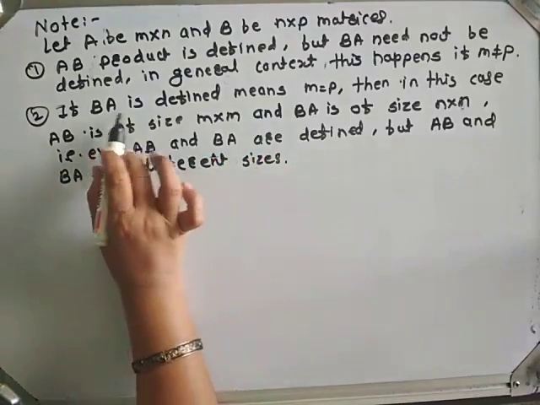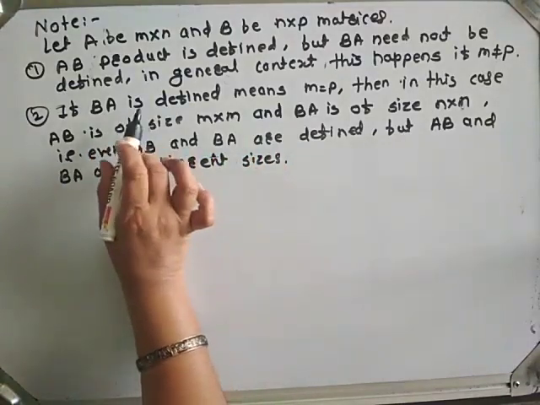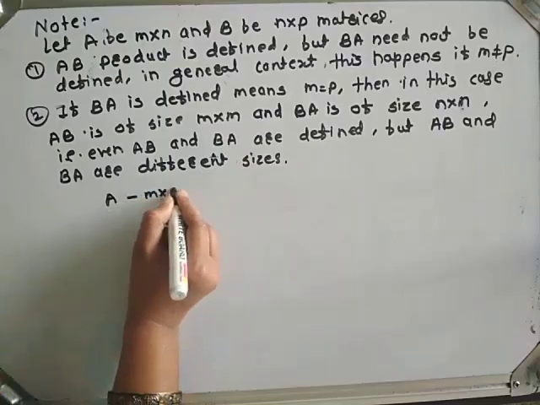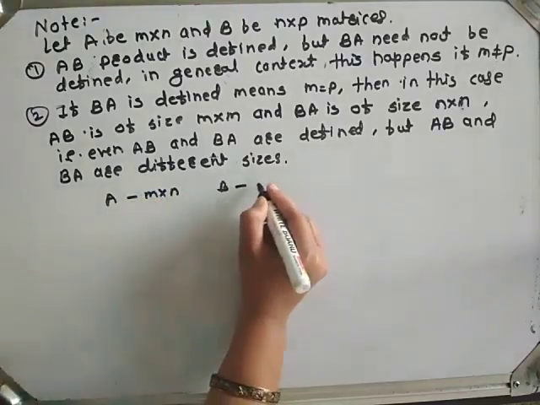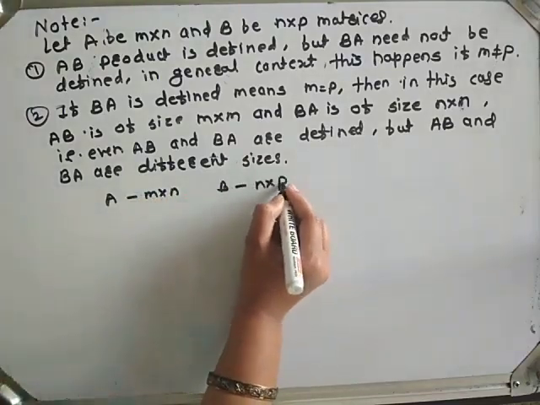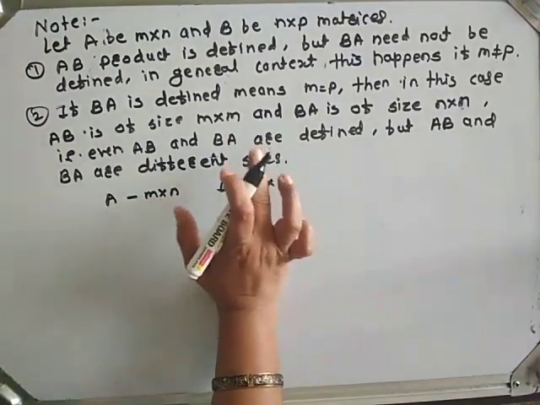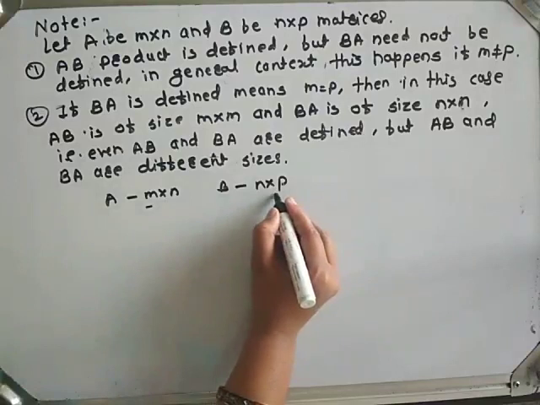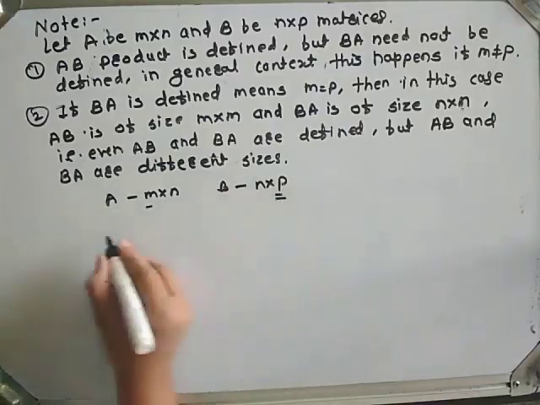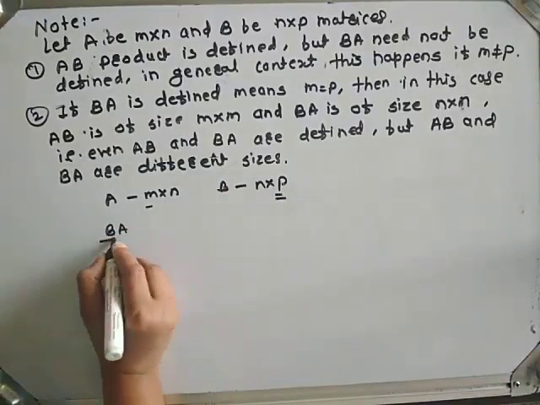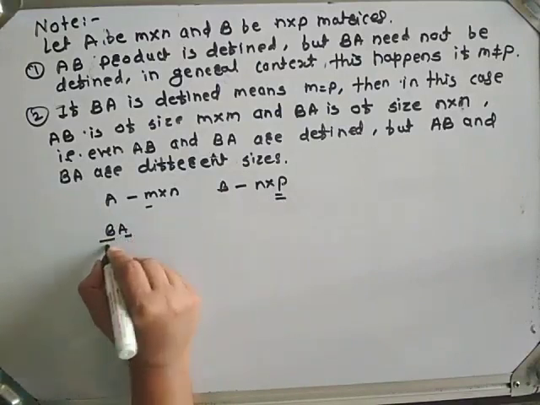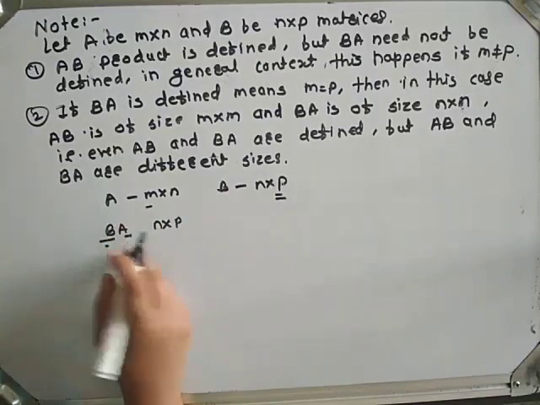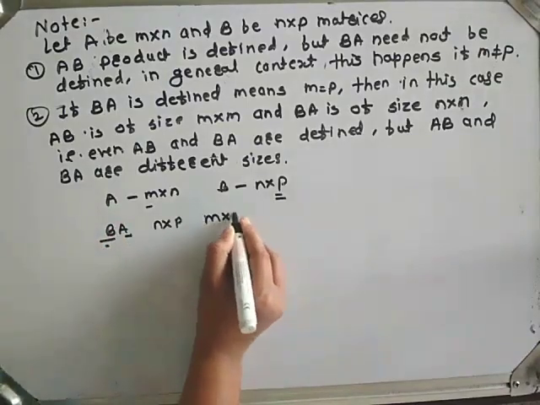See here, AB is defined when the size of matrix A is m by n and the size of matrix B is n by p. BA is defined when m is equal to p. That means we have to multiply B into A. The size of B is n by p and the size of A is m by n.